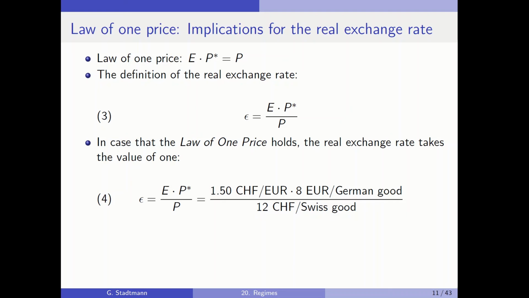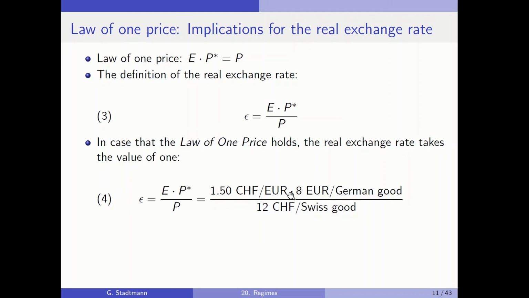So let's also prove this by looking at the numerical example. So 150 Swiss francs per euro is the nominal exchange rate, 8 euros per German good is the price P star, and the price of the Swiss good is 12 Swiss francs for a Swiss good.